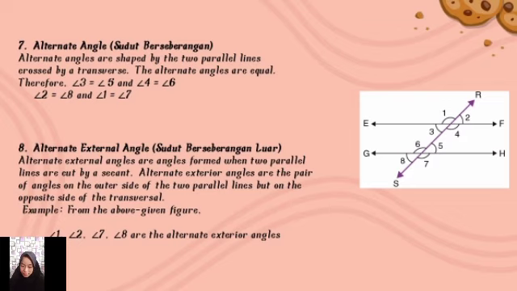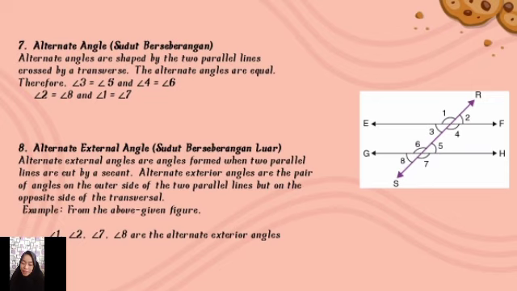Next is alternate exterior angle, or sudut perseberangan luar. Alternate exterior angles are formed when two parallel lines are cut by a secant.